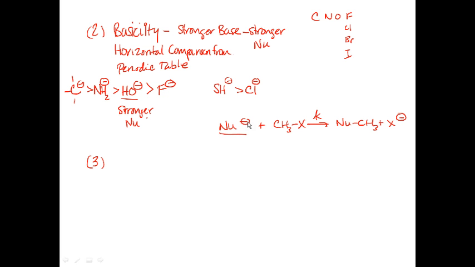But when they started to look at the vertical relationships here, what they found was that it was exactly the opposite, that it wasn't related to base. So in other words, when they ran, for instance, bromide versus iodide, they found that iodide was the better nucleophile. And it's the one that speeded up the reaction relative to bromide. So this vertical relationship then is opposite of basicity. And so therefore it uses a term called polarizability.